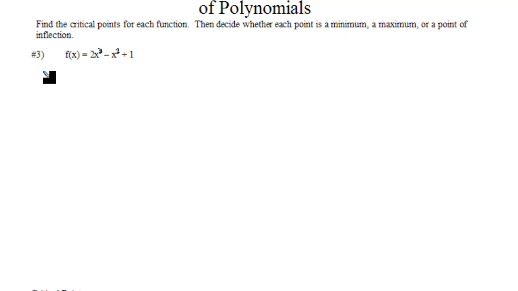Same directions here for number 3. Step 1, find the derivative. Set it equal to 0. I'm going to factor the GCF out of this. I'm going to set each factor equal to 0.